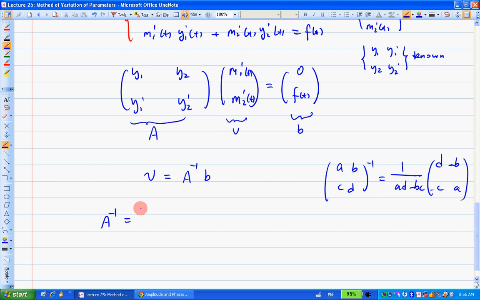Okay, so in my particular case, here's my A, B, D. So what I'm going to get here is 1 over the determinant of A, and the D here is y2, A is y1, and minus B is negative y2 prime.